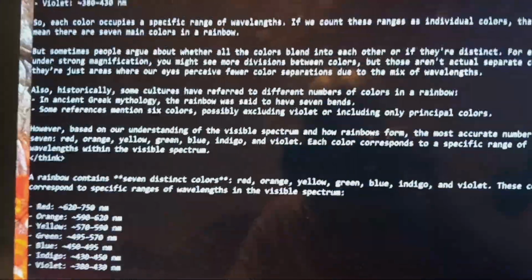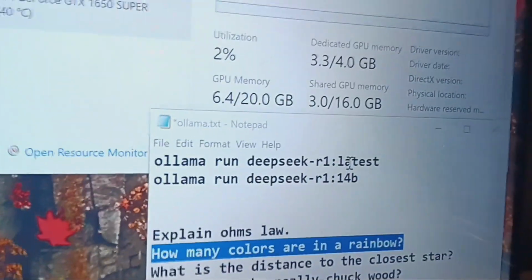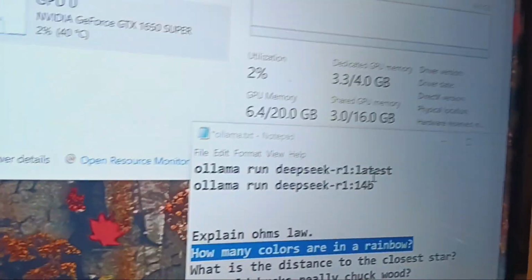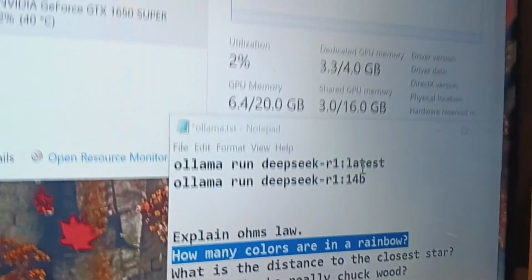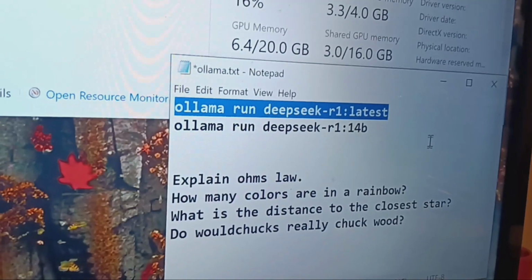Look at that amount of information this thing wrote. It thought this up from a relatively small file. The file that's running on my PC is the latest, which I think is 17B. It's not very big. This will run on almost anyone's PC, probably even a laptop.